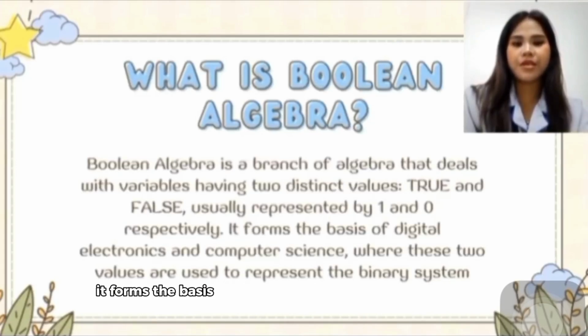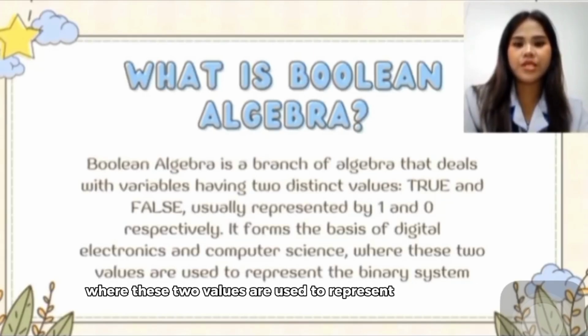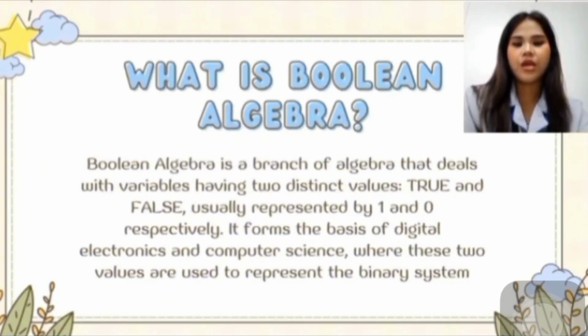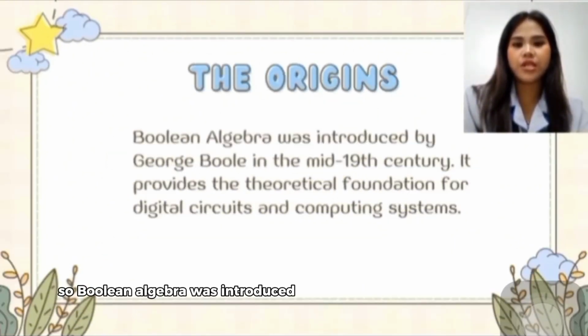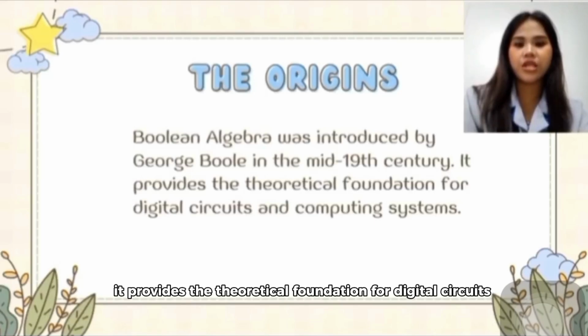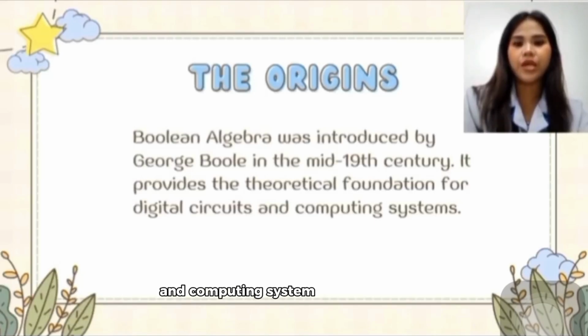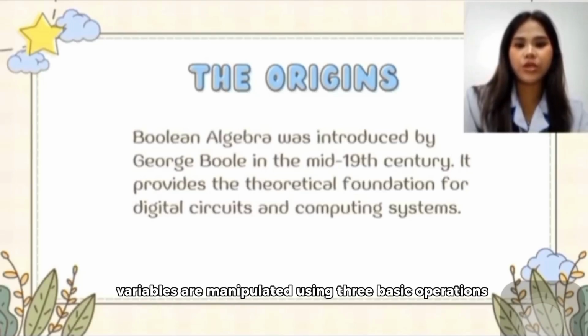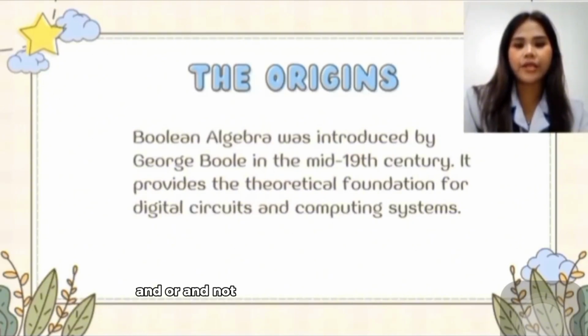It forms the basis of digital electronics and computer science, where these two values are used to represent the binary system. Boolean algebra was introduced by George Boole in the mid-19th century. It provides a theoretical foundation for digital circuits and computing systems. In Boolean algebra, variables are manipulated using three basic operations, AND, OR, and NOT.